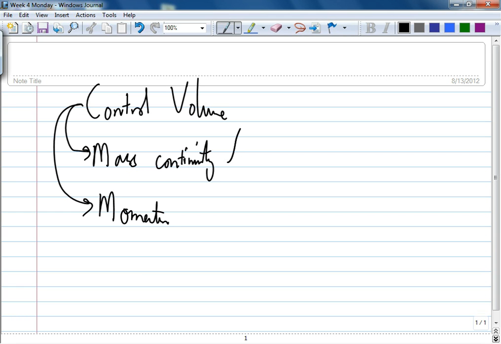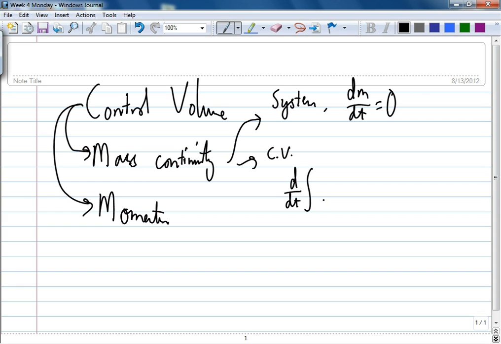So for mass continuity, for the system we have mass conserved, so dm/dt equals 0. The mass doesn't change for a system, doesn't get heavier, doesn't get lighter. For the control volume, we had d/dt of the integral of rho dV.